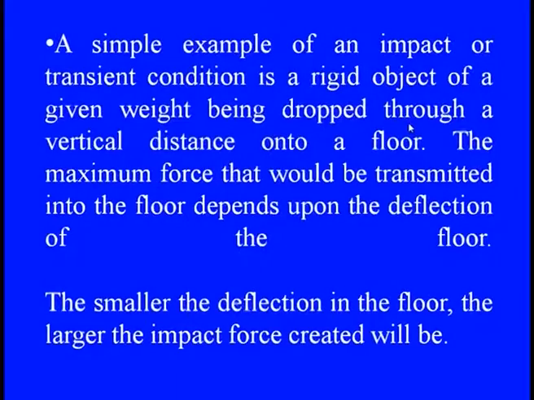In general, if you want to take an example, an impact or transient condition is a rigid object of given weight being dropped through a vertical distance onto the floor, and the maximum force transmitted to the floor depends upon the deflection of the floor. A smaller deflection of the floor means a larger impact force.